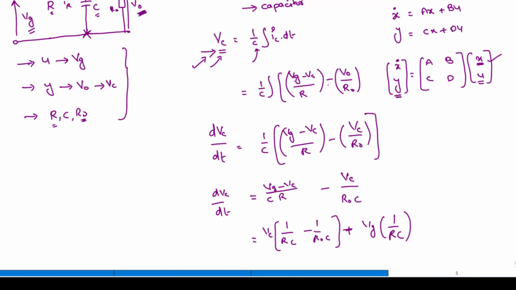IC is equal to IR minus IL. Sometimes you may take V0 minus Vg by R also, you can take. So there is no harm whether you take Vg minus V0 by R or Vc minus V0 by R.